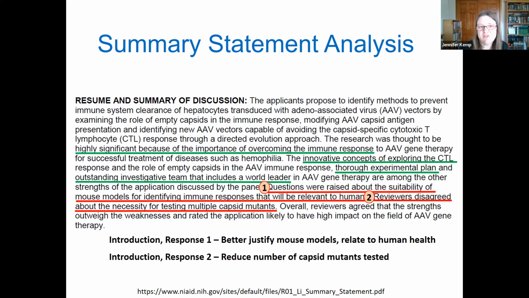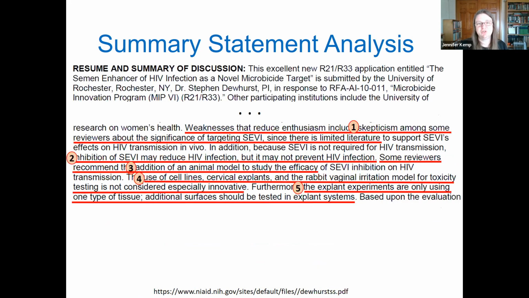And then response 2 would then be perhaps to reduce the number of capsid mutants tested. And this again would obviously depend on what the point-by-point criticisms entail, but the take home here is to just orient your one-page introduction to really focus on these main criticisms that were featured.